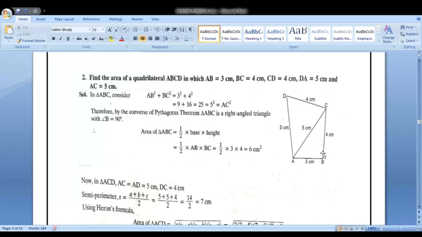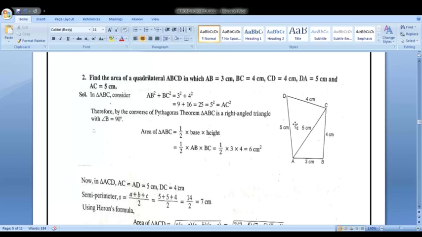Just to cross-check whether it is really forming 90 degrees or not, the person has tried it as a trial method. AB square plus BC square should be equal to hypotenuse square, and he got to know that it really is equal. Then he says that it is a right angle triangle, but there is no hard and fast rule to do it. Now when I come here and think, should I apply it here also to check for Pythagoras theorem? It's simply a waste of time.